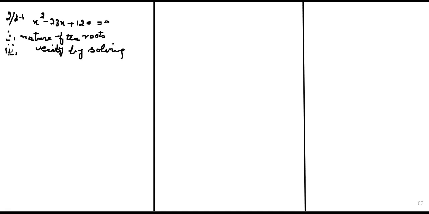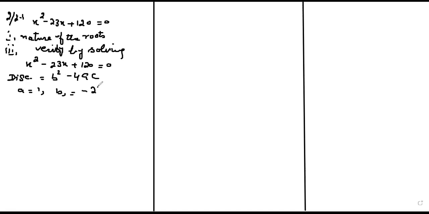Right, so we will find the nature of the roots. First equation is x squared minus 23x plus 120 equals to 0. So we can solve it with anything. First of all, we have to check the nature of the roots. So discriminant will be equals to b squared minus 4ac. Here a equals to 1, b equals to minus 23, right, and c equals to 120.